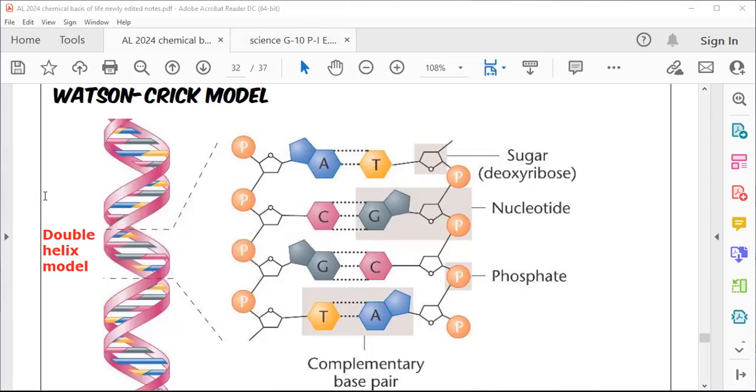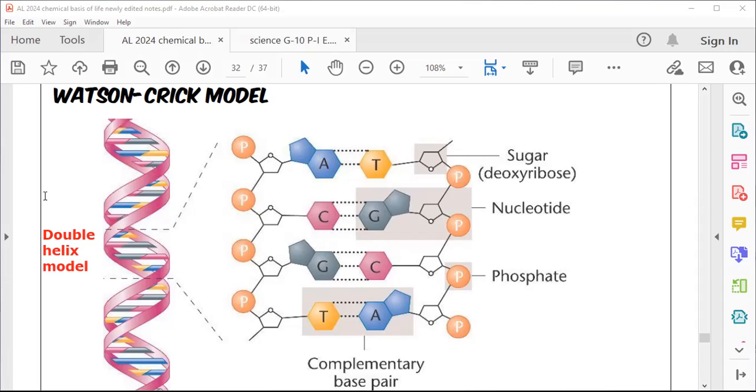What is the name given to this? Double helix model. That was introduced by two individuals, one is Watson, the other one is Crick.